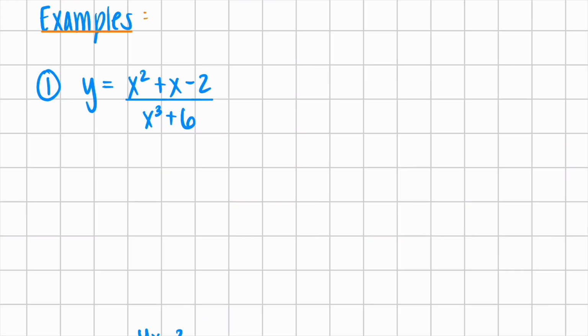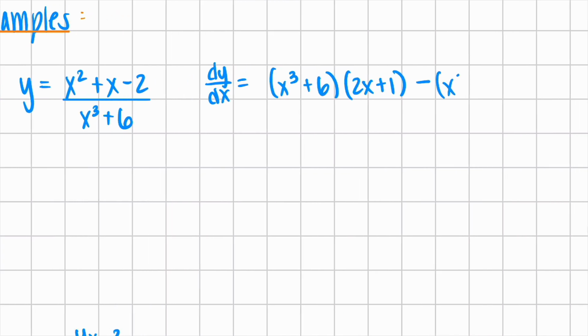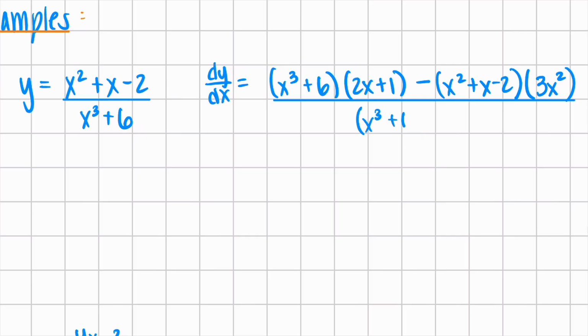So when I take my derivative, I'm going to do low, so x cubed plus 6, d high, so derivative of the numerator, that's 2x plus 1, minus high, my numerator is x squared plus x minus 2, d low, I'm taking the derivative of the denominator, 3x squared, square the bottom, and off you go, so x cubed plus 6 squared. That's us using that formula.